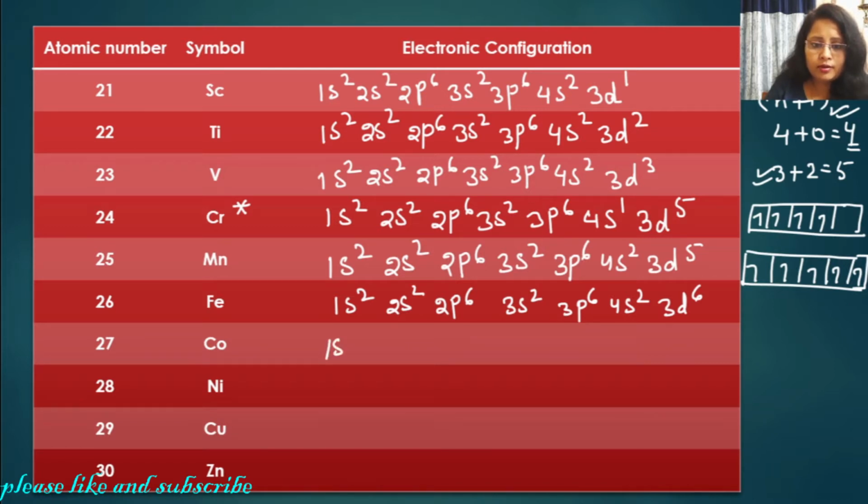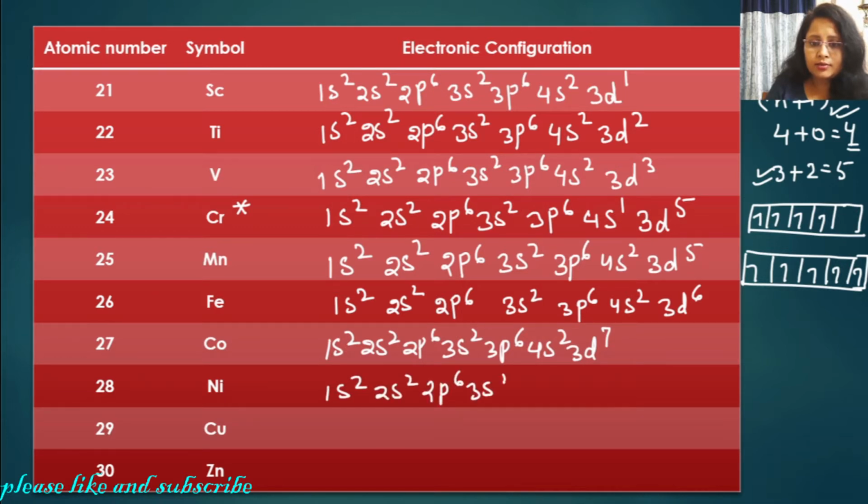Cobalt will have 1s2, 2s2, 2p6, 3s2, 3p6, 4s2 and 3d7. Nickel will have 1s2, 2s2, 2p6, 3s2, 3p6, 4s2 and 3d8. Hope you guys are fluent in doing this.